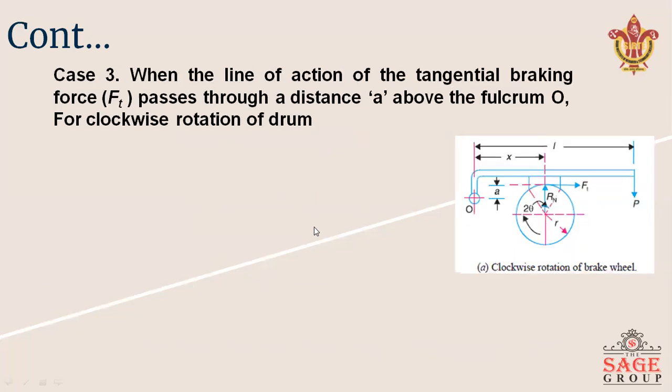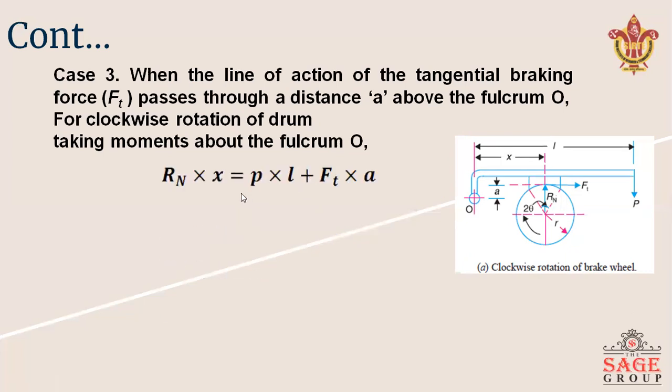Similarly for case three: when the line of action of the tangential braking force passes through a distance a above the fulcrum. First, passing through the fulcrum; second, below the fulcrum; and third, above the fulcrum. Now for clockwise rotation of the drum, we take moment about the fulcrum O and get the equation.